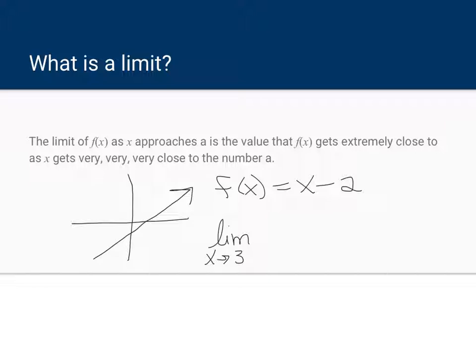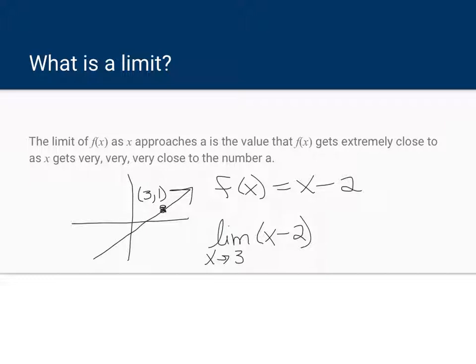So that's read the limit as x approaches 3. And then we say what we're going to take the limit of, x minus 2. So what this is saying is what number does x subtract 2 get really close to as x approaches 3? Now we know that we have a point on this graph where x is equal to 3 and y is equal to 1.